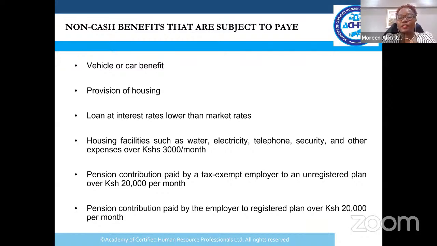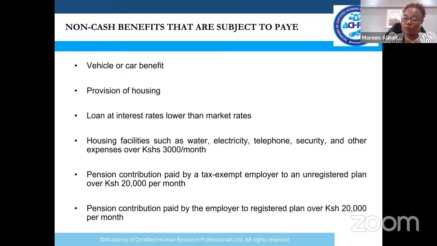Vehicle or car benefit: if you give somebody a vehicle to use, the value of that vehicle is subjected to PAYE. The value of the fuel and whatever is also subjected to PAYE. Provision of housing: if you are provided a house, your house provision is subject to PAYE.